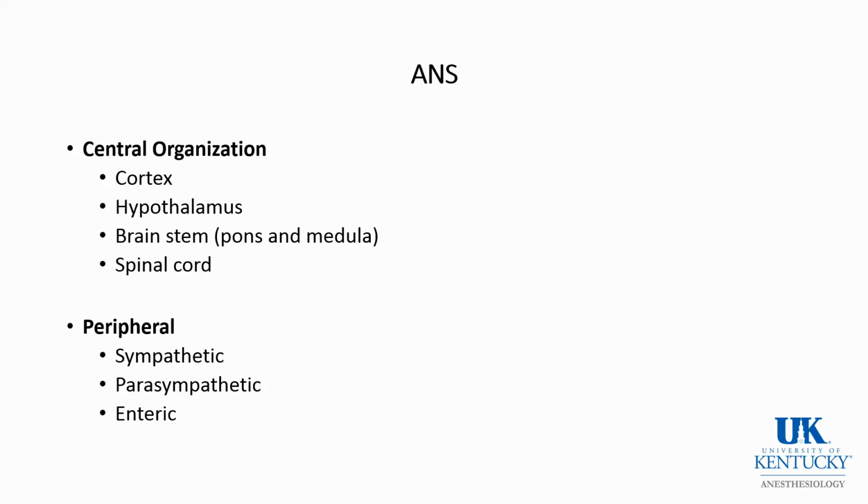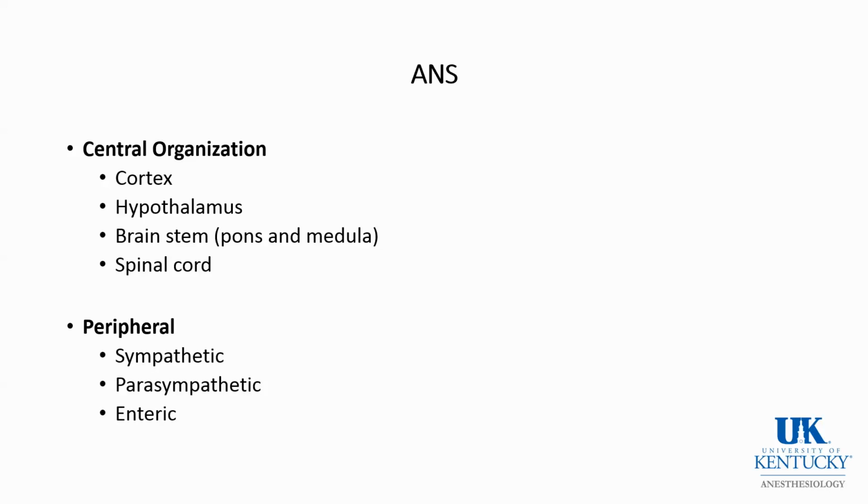Next, let's briefly discuss the autonomic nervous system. It is basically divided into the central portion and the peripheral portion, and each of these into the sympathetic nervous system and the parasympathetic nervous system.